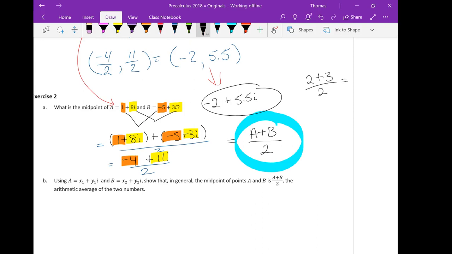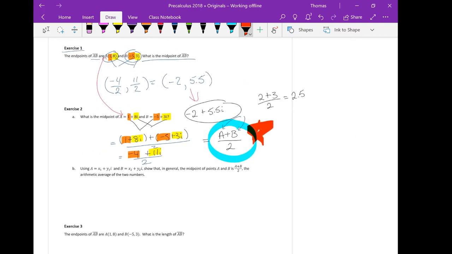That would give the average of 2.5. That's exactly what we're doing here with our complex numbers. We're taking our complex number a, adding it to our complex number b, and dividing by 2. So we're taking the average. We're finding what's in between a and b. So this formula is really important. Star it, double make a note of it. That's what we're going to be using today on your exit ticket to show mastery on this throughout the course.